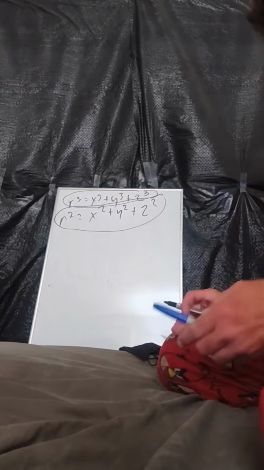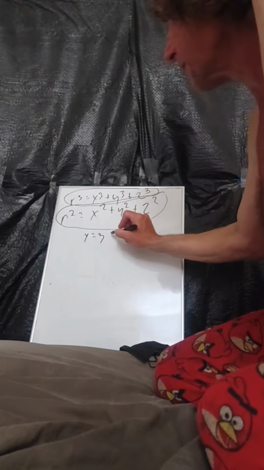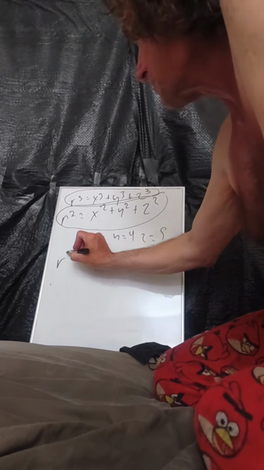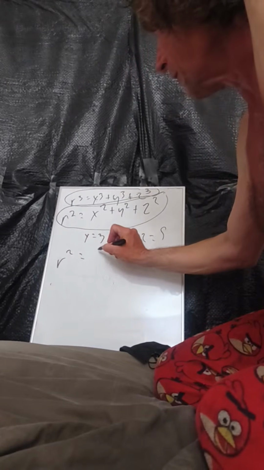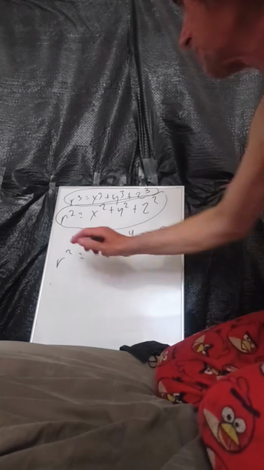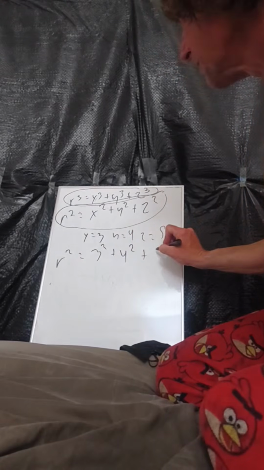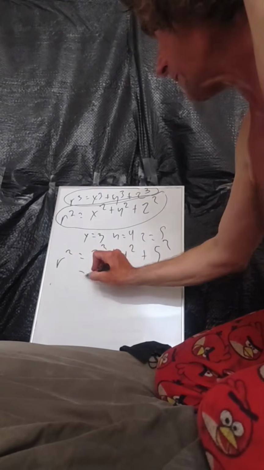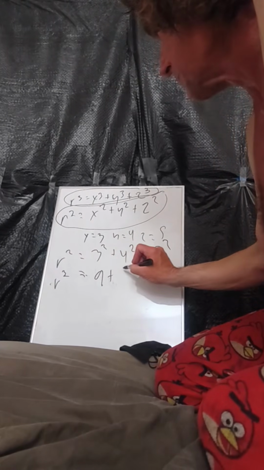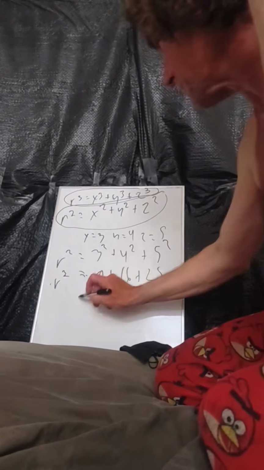It turns out, Rex helped me, that if x equals 3, y equals 4, and z equals 5, the equation of a sphere makes r squared equal 3 squared plus 4 squared plus 5 squared, which is 9 plus 16 plus 25, and that equals 50.